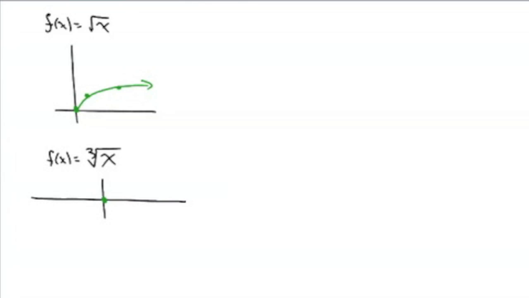Cube root of 1 is 1. Cube root of 8 is 2. Cube root of negative 1 is negative 1, down here. Cube root of negative 8 is negative 2.